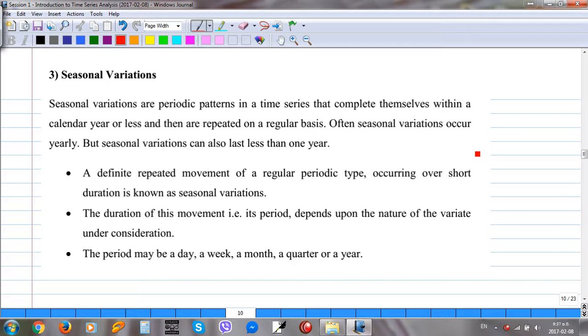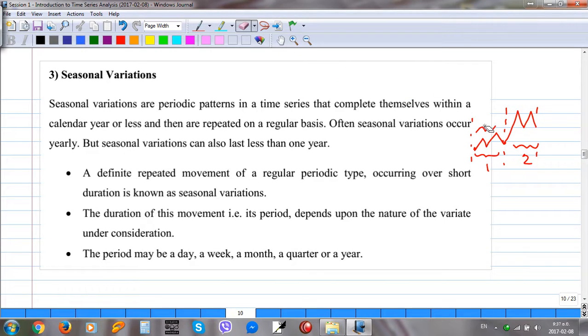So if a pattern comes like this in one year, and in the second year it comes the same way, that is a seasonal variation. I will show an example later.